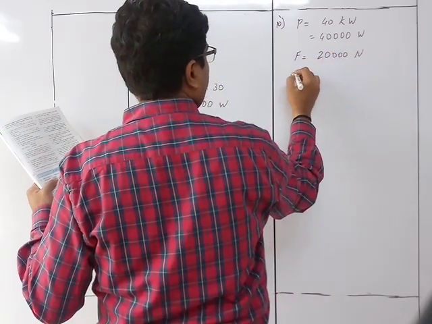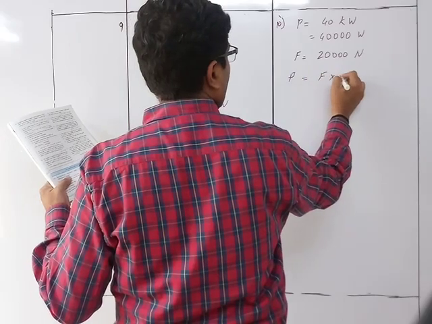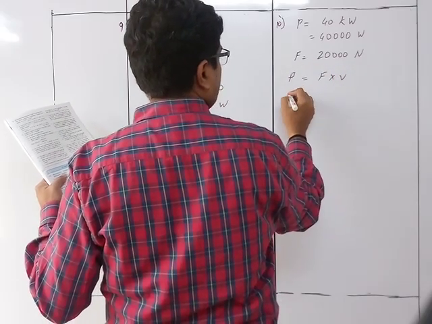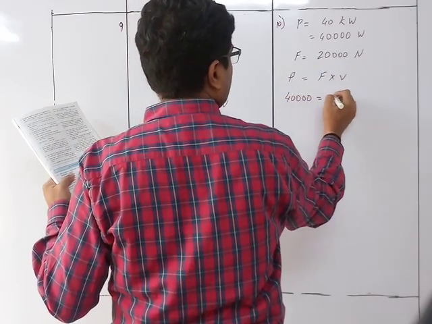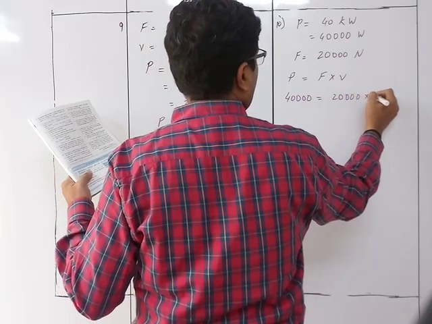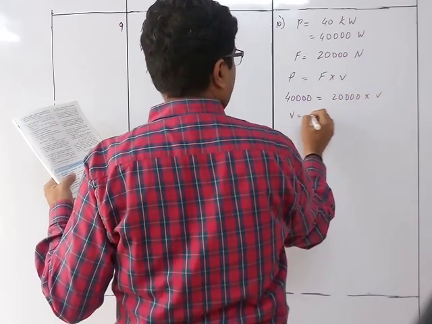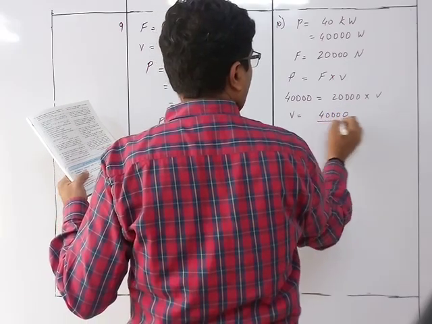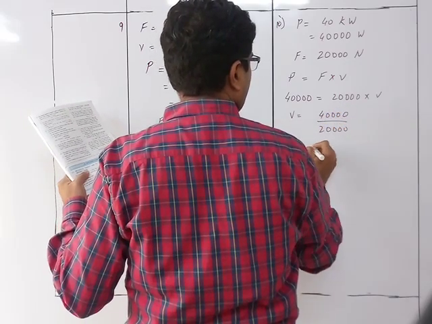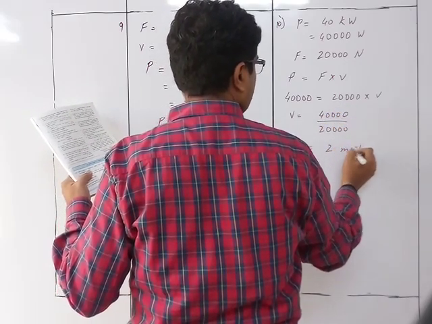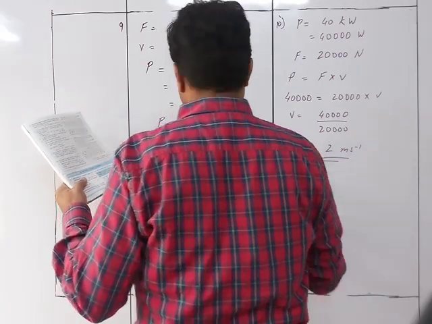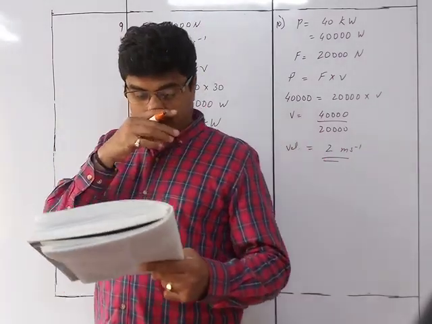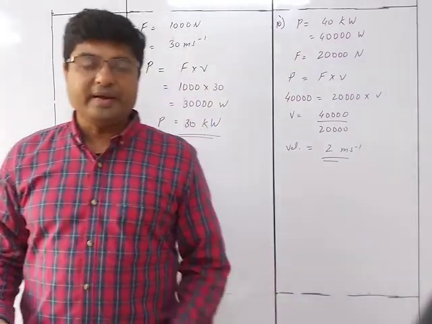Power = force into velocity, and we need to find the velocity. So 40,000 = 2000 into V. So V = 40,000 upon 2000 = 20 meters per second. The velocity at which the motor can raise the load will be 20 meters per second.